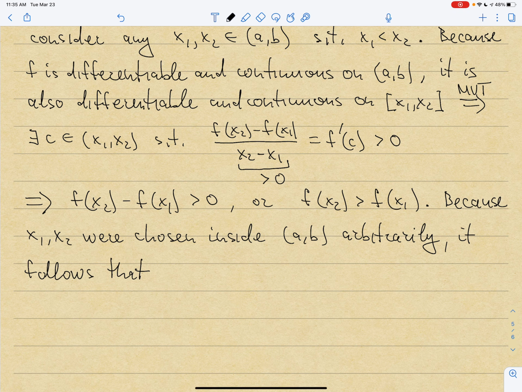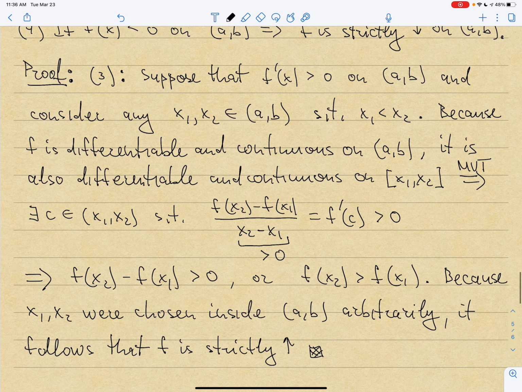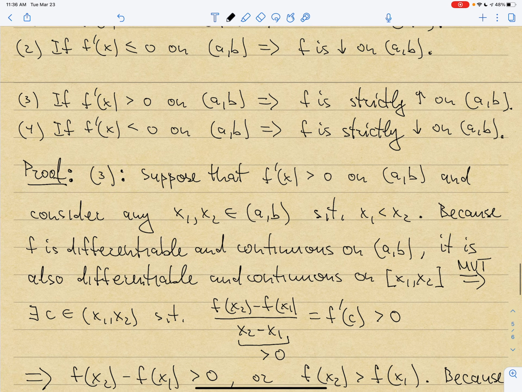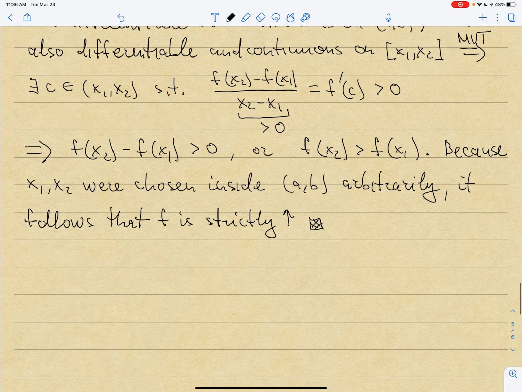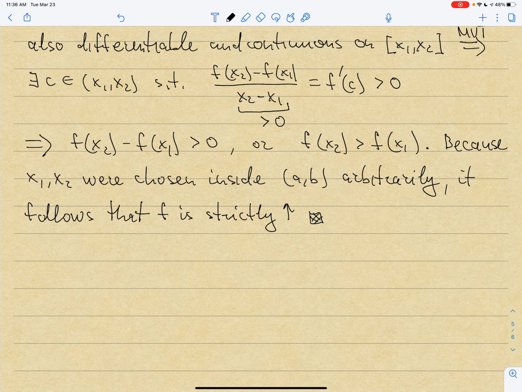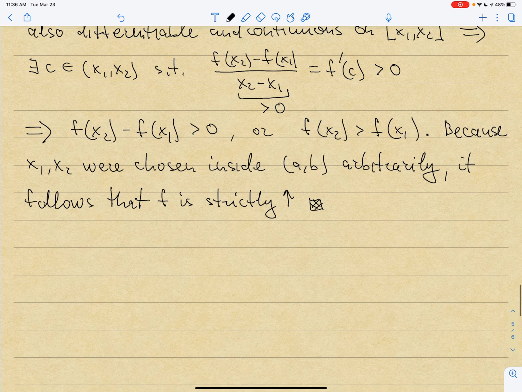At a larger x, it will always have a strictly larger value, so that f is strictly increasing. And so we're done. Right, and again, the other three statements can be proved in exactly the same way. All right, so then in the next installment of a lecture, I will continue with these corollaries.